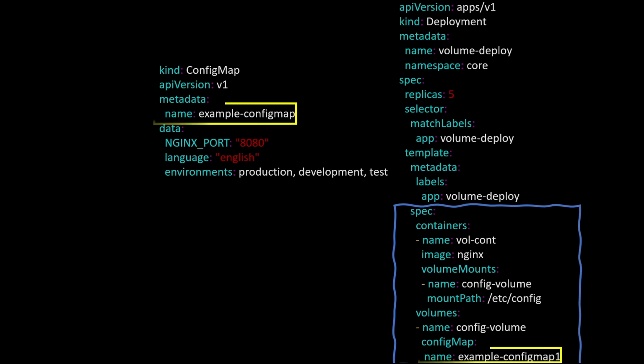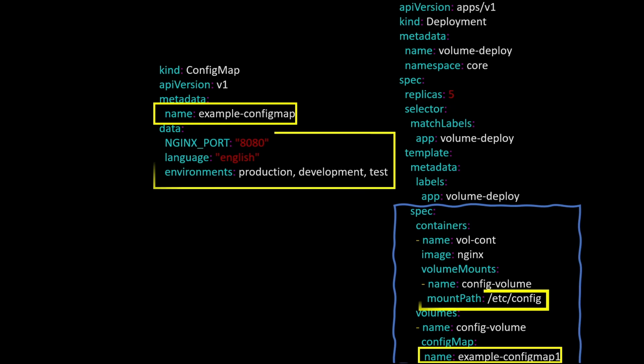Inside the volume section, we need to add the configMap parameter and add the config map name, the same as we define in the config map YAML file. Once we create the deployment, we will observe three files inside the /etc/config directory in the container.